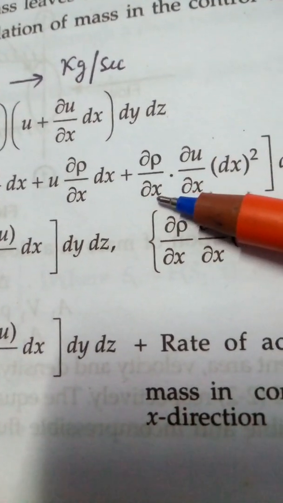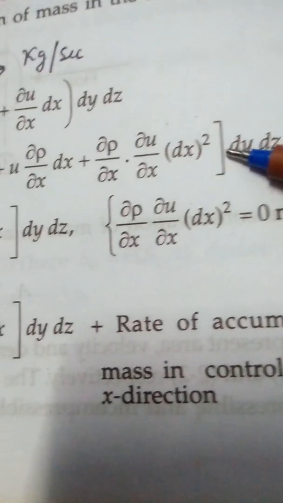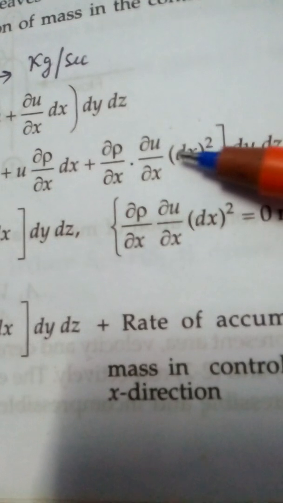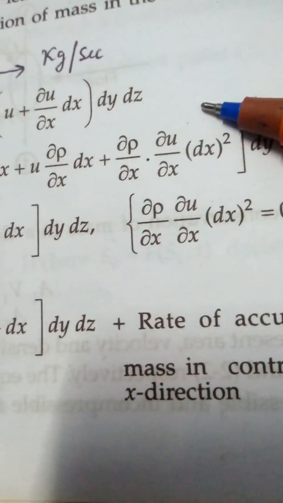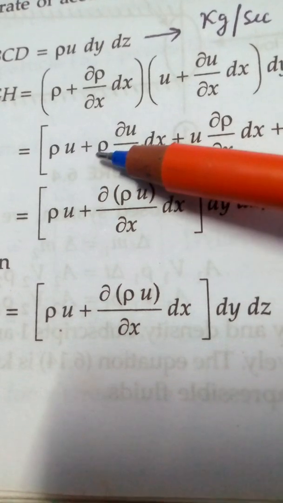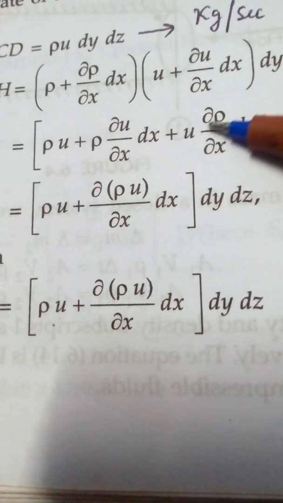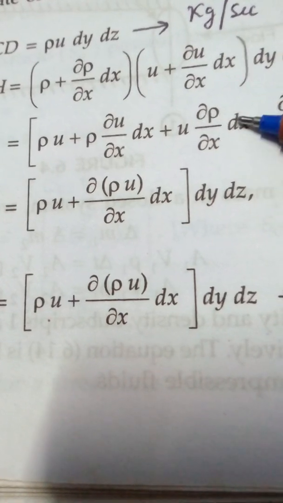Now dx whole square can be neglected, so this is equal to 0. So the rest is rho u plus rho into del u by del x into dx plus u into del rho by del x into dx.